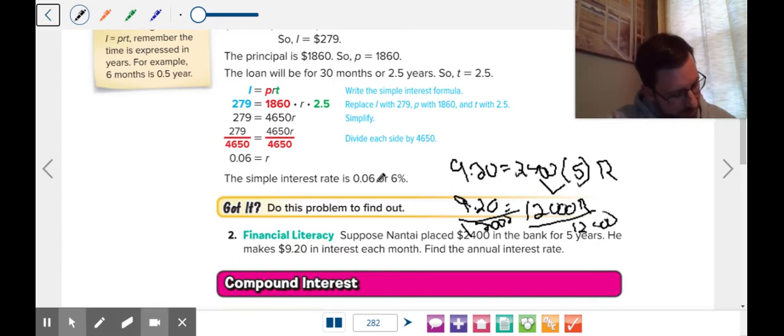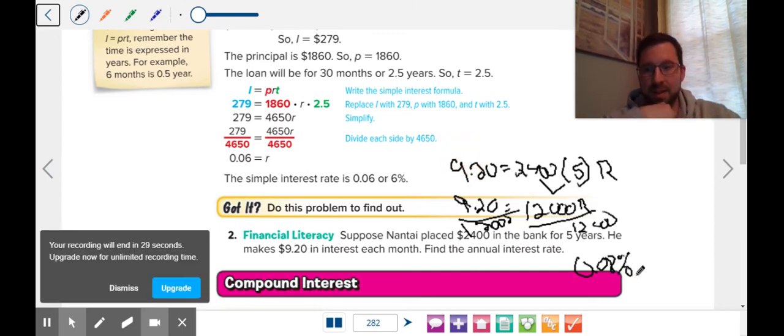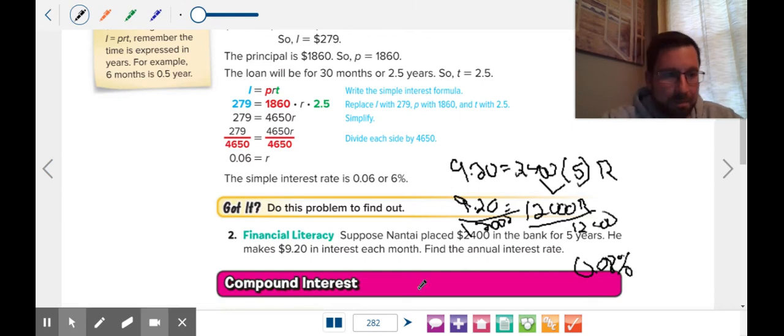Let me just do it again. 9.2 divided by 12,000. Yeah. So it doesn't say what we round to, so we're going to round it to 0.08%. This is a terrible interest rate. I recommend finding a different way to invest your money.